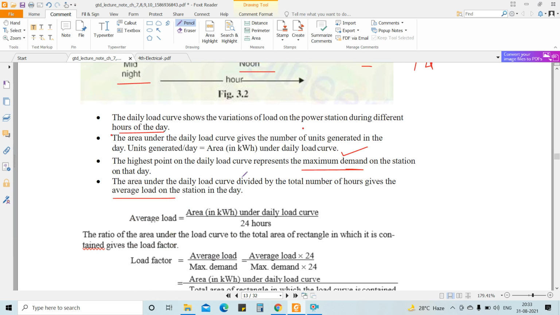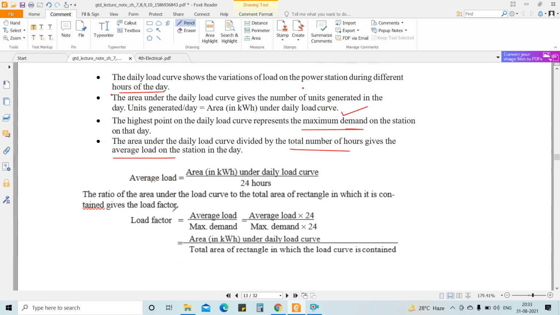When we divide the area under the daily load curve by the total number of hours, it gives the average load. Now you understood about the maximum demand and average load. So the formula for average load is equal to the area in kilowatt hour under the daily load curve divided by 24 hour. This is the average load.